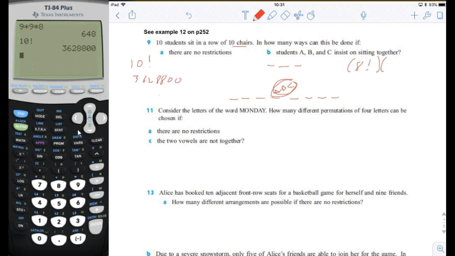So we're going to have 3 times 2 times 1, or 6, multiplied times 8 factorial. Okay, so first we're going to do 8 factorial. And then we're going to multiply it times 3 factorial, or 6. And we get 241920.